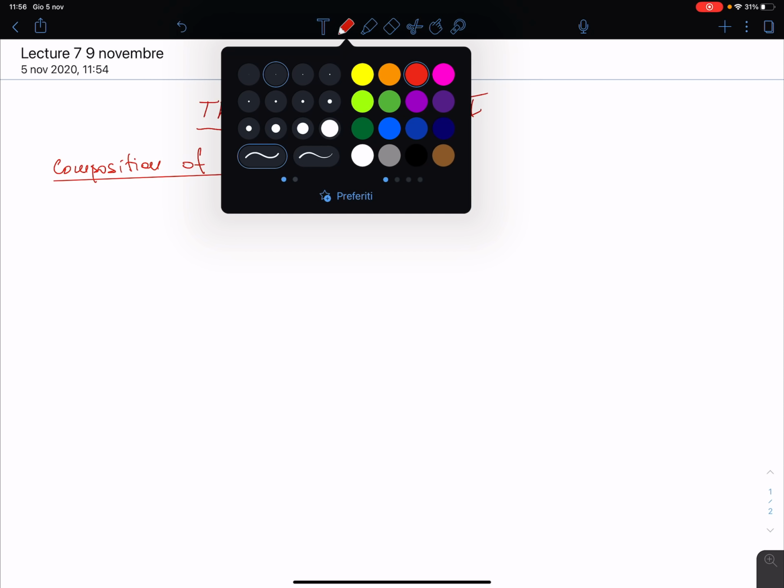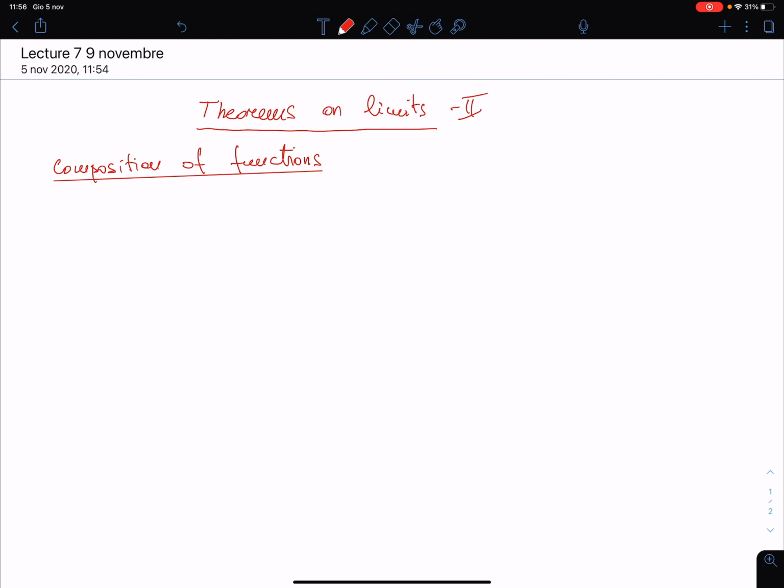So we are given two functions. So this is the definition. We have E and F, two subsets of R, and we have a function f from E to R that has the following feature.